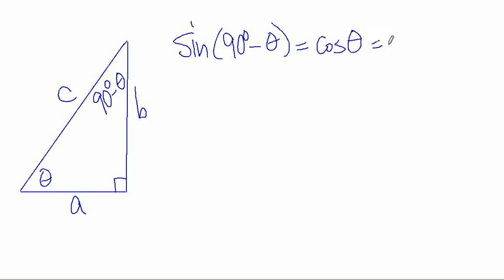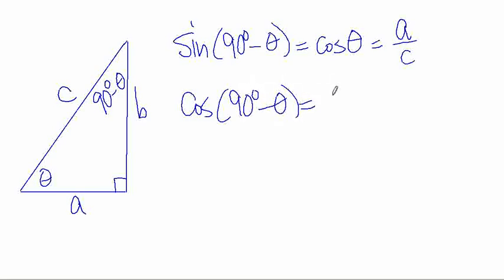Okay, for the example triangle that I drew there, both of those function values are equal to a over c. All right. You will also notice that the cosine of 90 degrees minus theta is equal to the sine of theta. Both of those are equal to b over c.